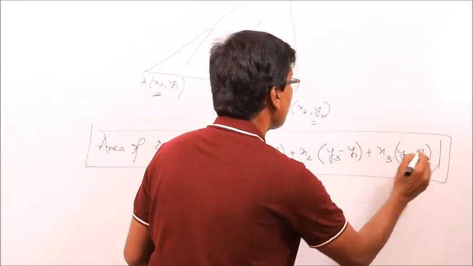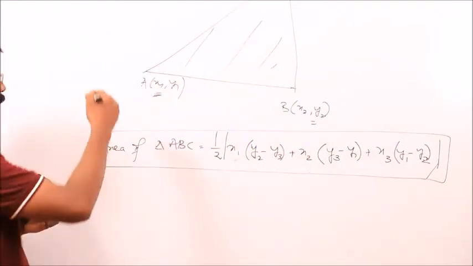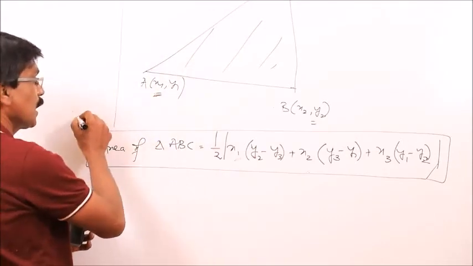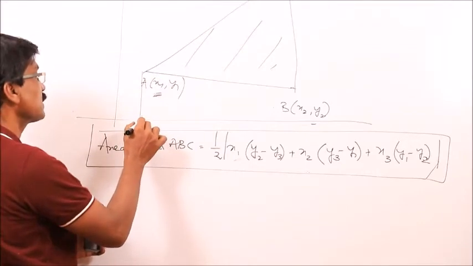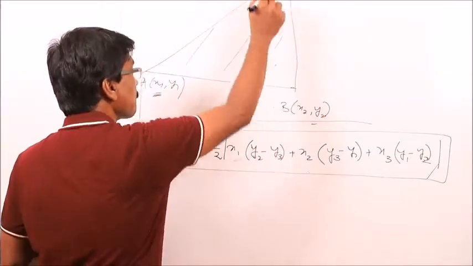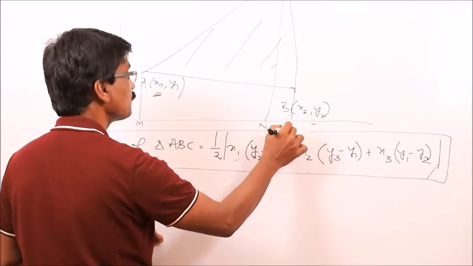It can be easily proved by drawing perpendiculars to the x axis, suppose AM, CN and BQ.